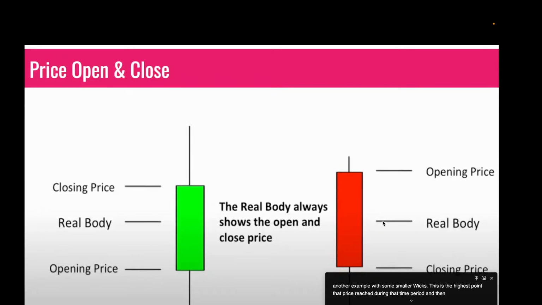Just to show you one more time the basics of what I just discussed: the real body is the actual opening and closing prices. If it is bullish, you are opening low and closing high. If it is bearish, you are opening high and closing low. And the wicks that you will see coming off each end of the candles are just testing of price areas, but not the official open and close.